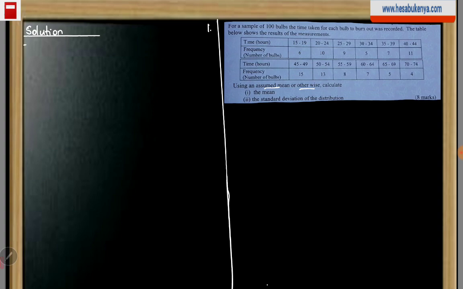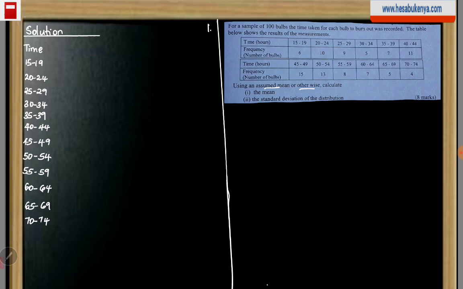So we will have the column for time, which ranges from the first class is 15 to 19, then 20 to 24, then 25 to 29, then 30 to 34, then 35 to 39, then 40 to 44, then 45 to 49, then 50 to 54, then 55 to 59, then 60 to 64, then 65 to 69, and finally 70 to 74.